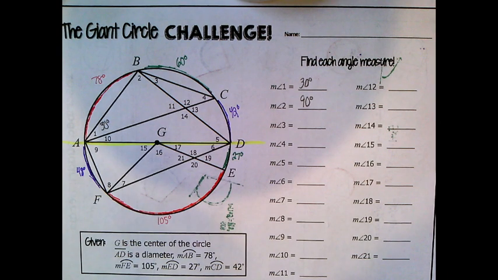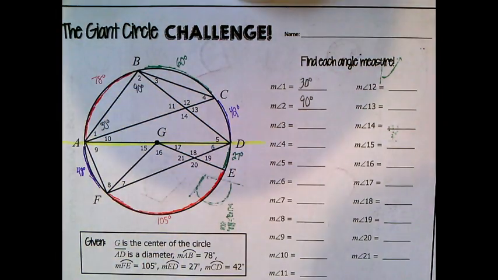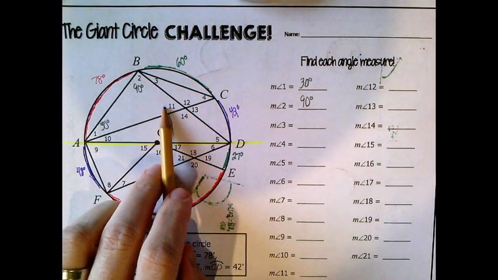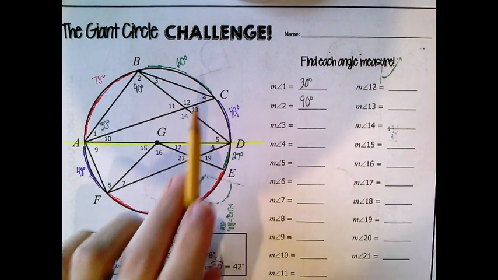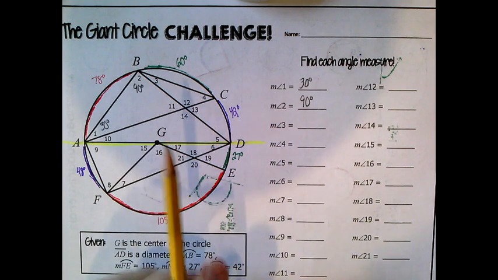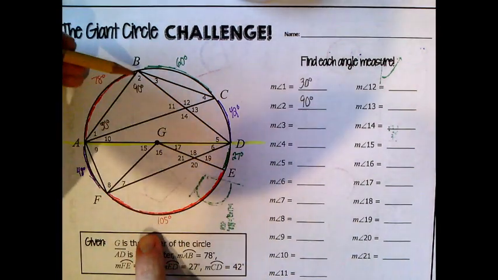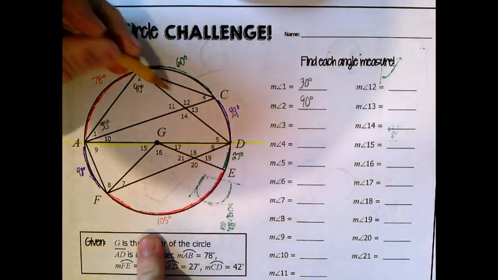So you've got two options. I'm going to go ahead and put this in here. We can find angle 11 real easy, or we could go straight through and find angle 3 and 4. Let's just find angle 11. If you look, I've got a triangle. What do triangles always add to?